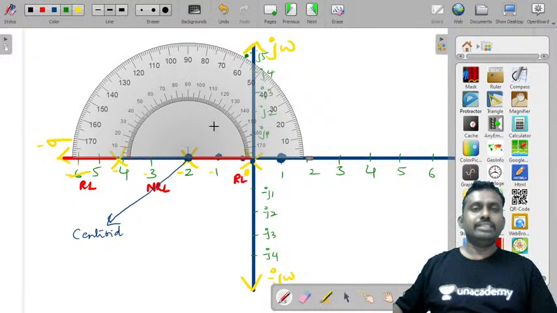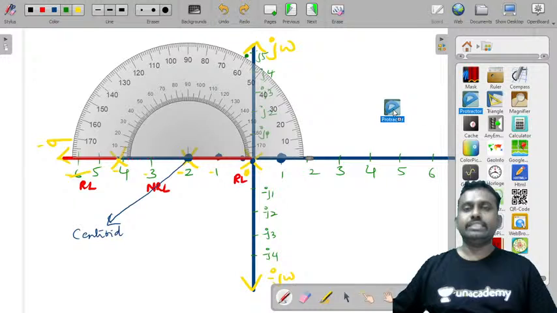With minus 2 as the centroid, one is 60 degrees, at this point. The other one is 180 degrees, this. And the other one will be 300 degrees.